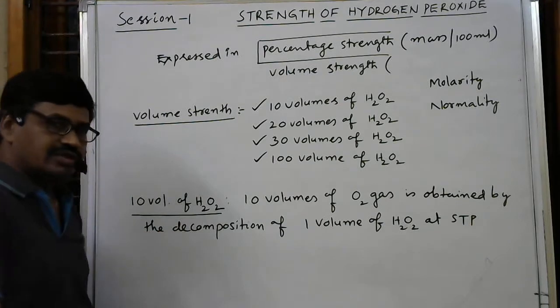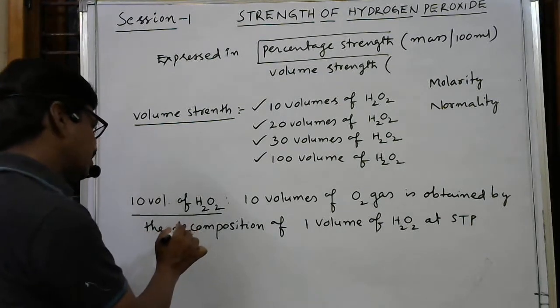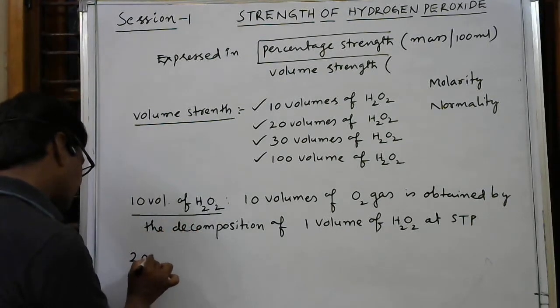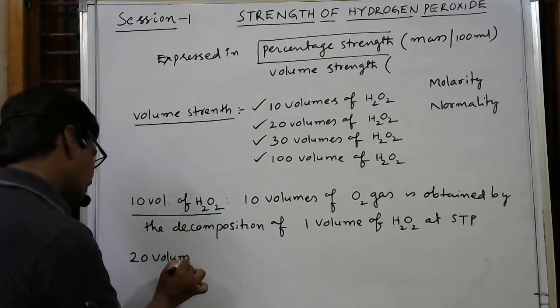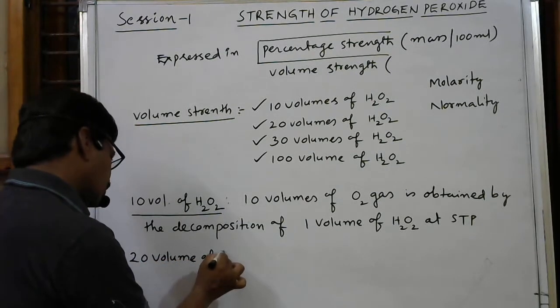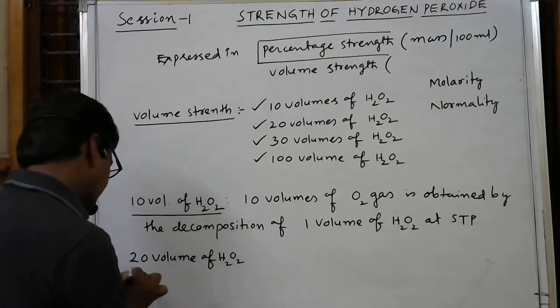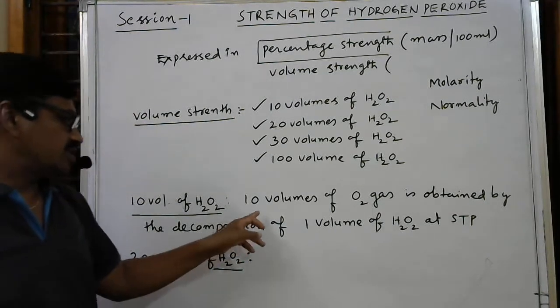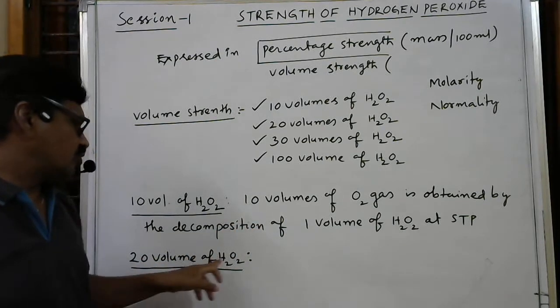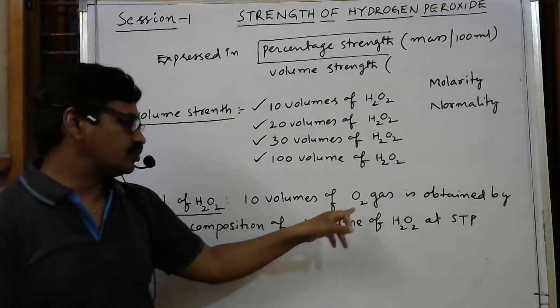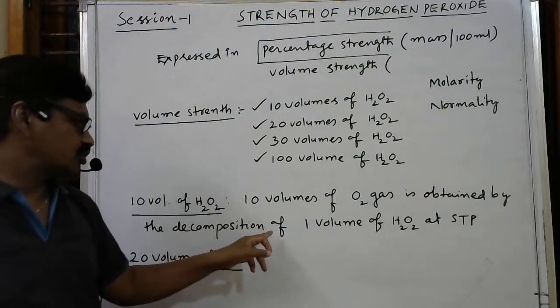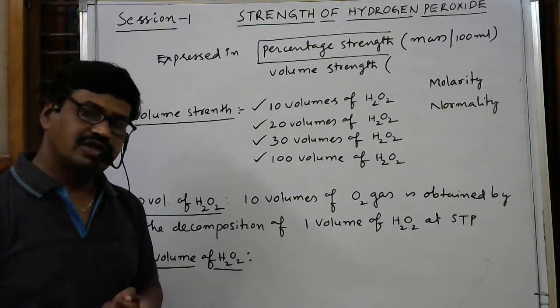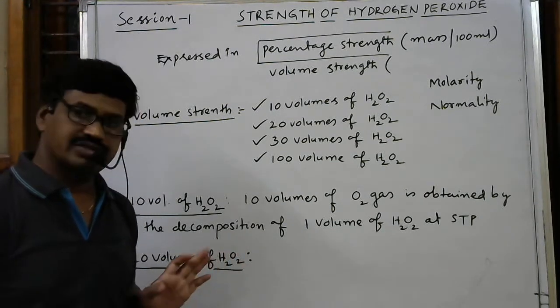What is meant by 20 volumes? Here I am writing 20 volumes of H2O2. What can we expect? The same thing. 20 volumes of hydrogen peroxide means 20 volumes of O2 gas is liberated by the decomposition of one volume of hydrogen peroxide only, not two volumes.